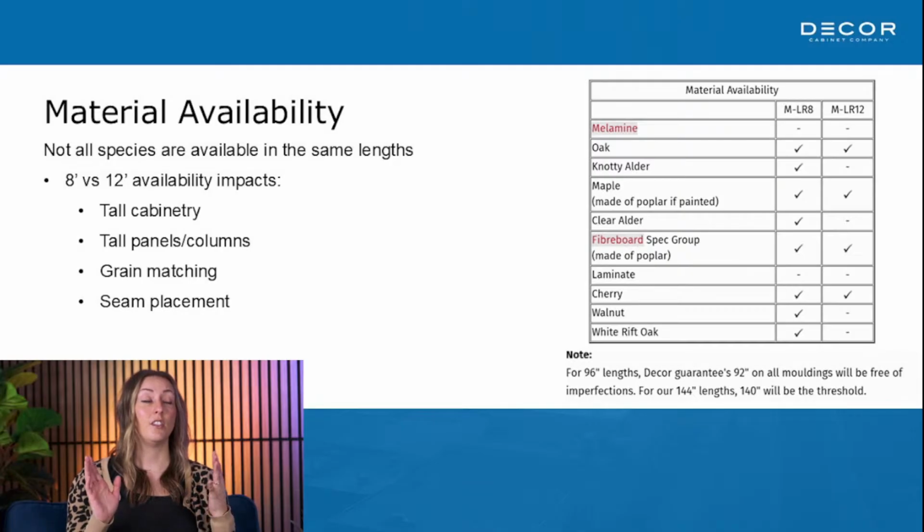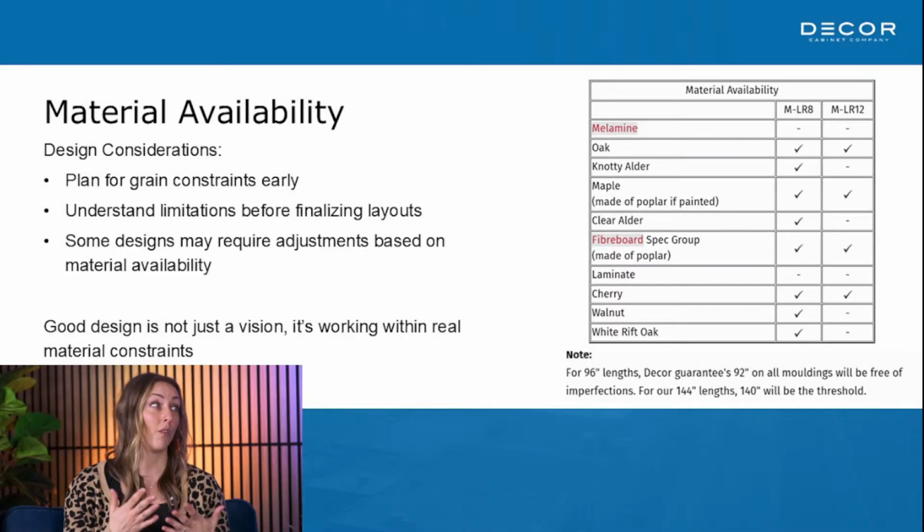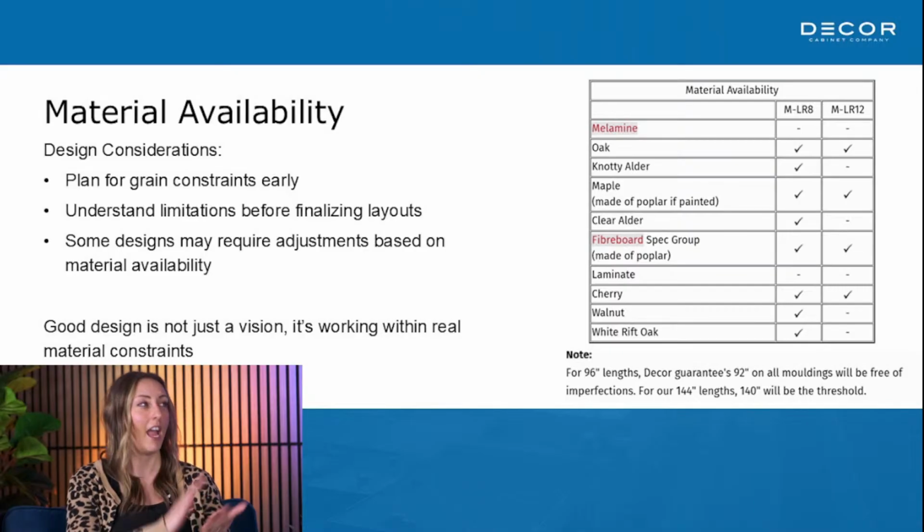And I don't feel like we're seeing as many houses with 8-foot ceilings anymore. Almost 9-foot is the normal, and now we're starting to see 10-foot ceilings become more normal. That really impacts cabinetry that goes quite tall, past that 8-foot mark. When you're using things like walnut or white rift oak, that can create some challenges, and you have to set expectations on grain matching and seam placement.